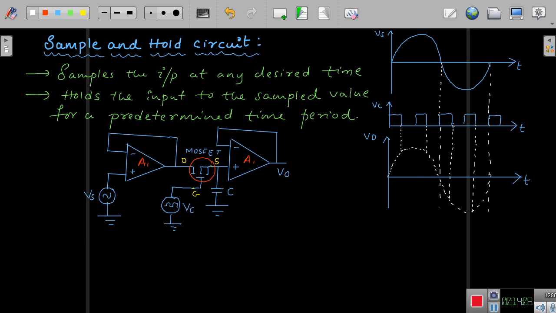So I have drawn all the waveforms which are required for our analysis except the actual output waveform. So let us try to see how exactly the circuit operation can be considered here.